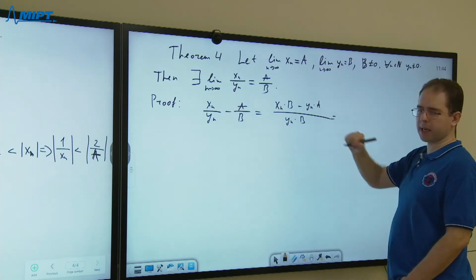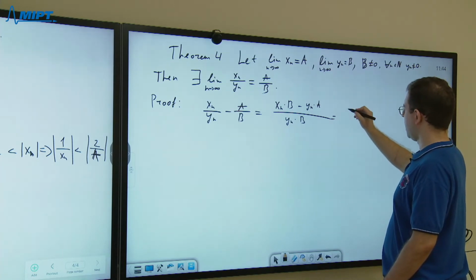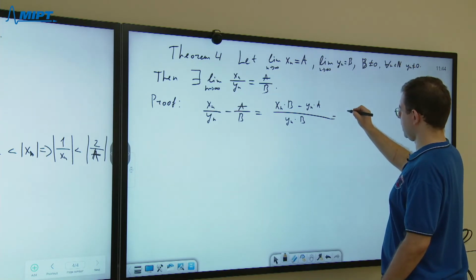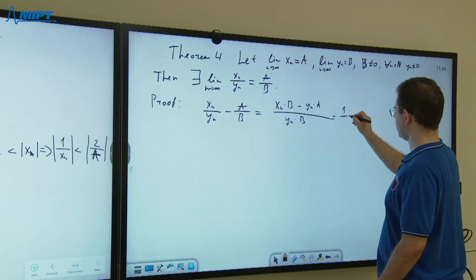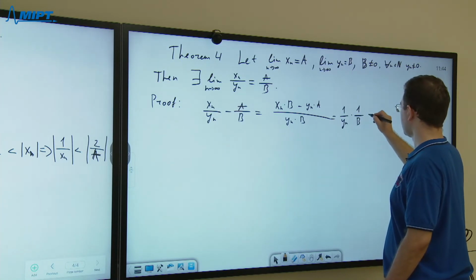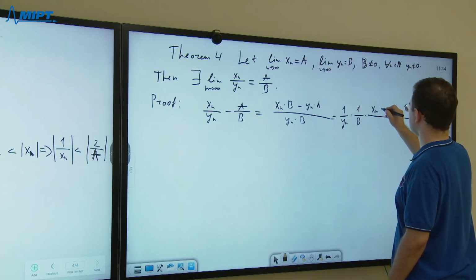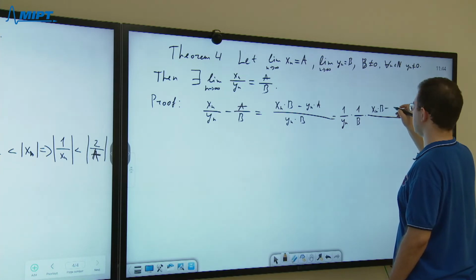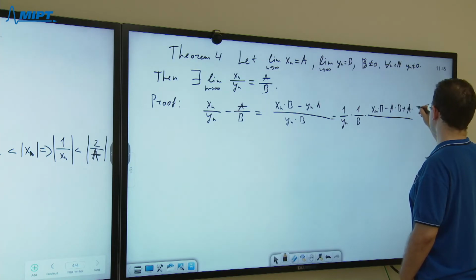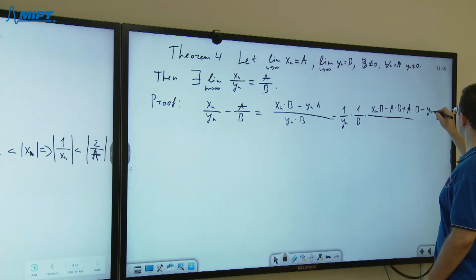I will add and subtract in the numerator a times b. And I will write the denominator as a factor. I will write like this: 1 over yn times 1 over b times xn times b minus a times b plus a times b minus yn times a.